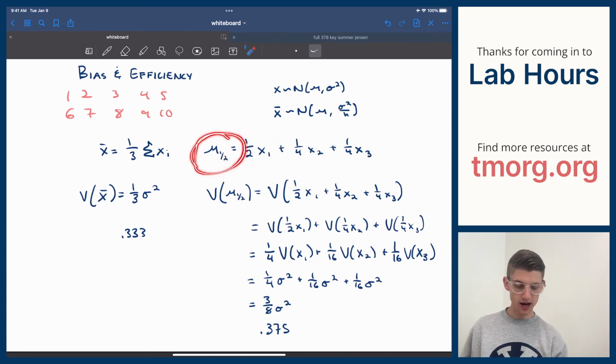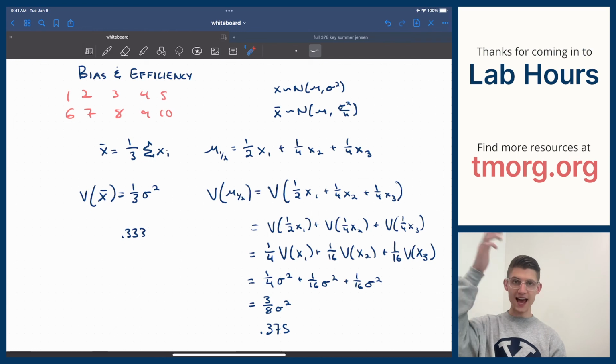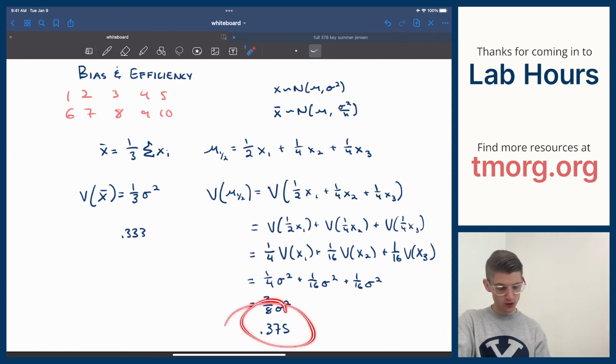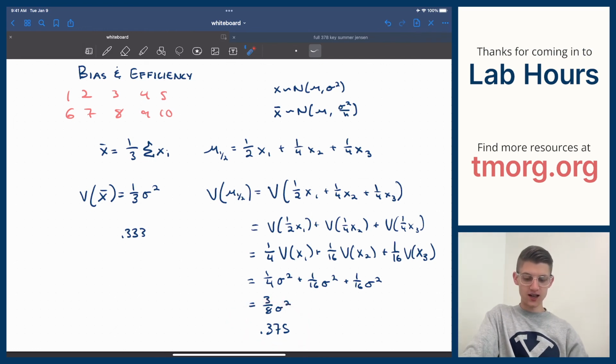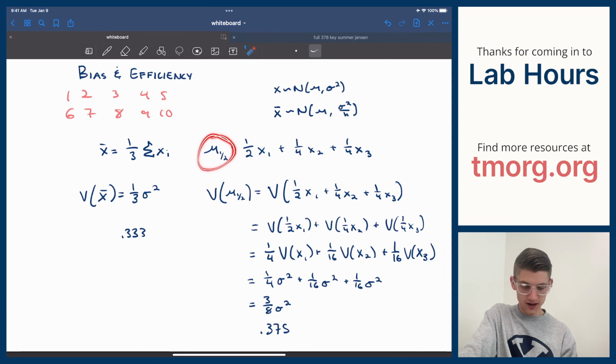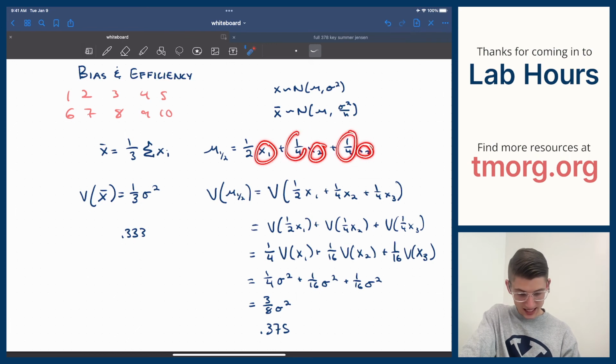So there's more possible outcomes for mu 1/2 here as an estimator, so of course its variance is going to be bigger. The variance of x bar only depends on which observations you see. It does not depend on the order in which you see them. But the variance of mu 1/2 depends on both which observations you see and in which order, right?